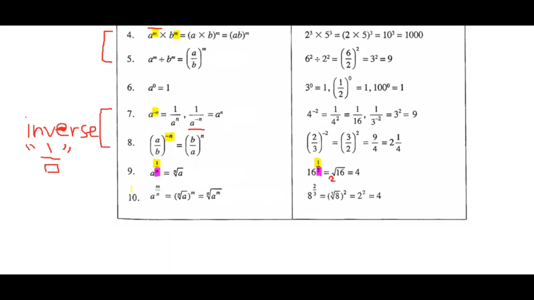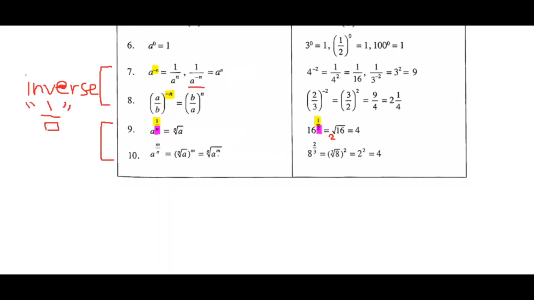So for number 10, the final rule, actually 9 and 10 are related. Why is that so? Because if I take a look at a to the power of m over n, right? If I have the root n over here, what this means is that it is the same as a root n, correct?